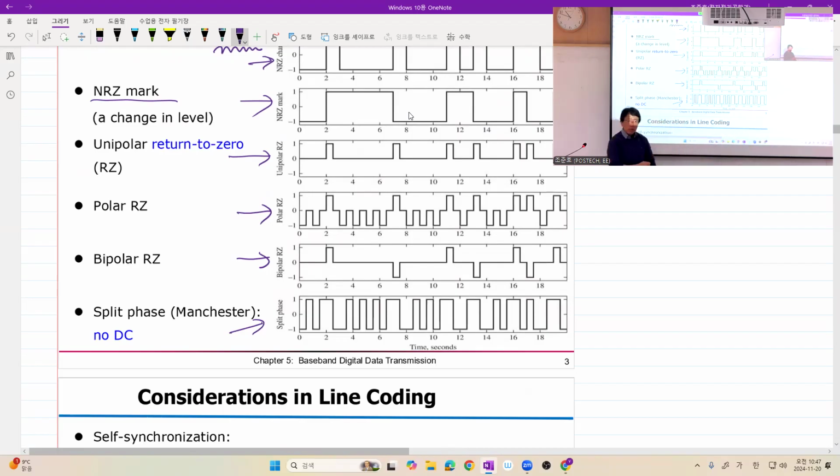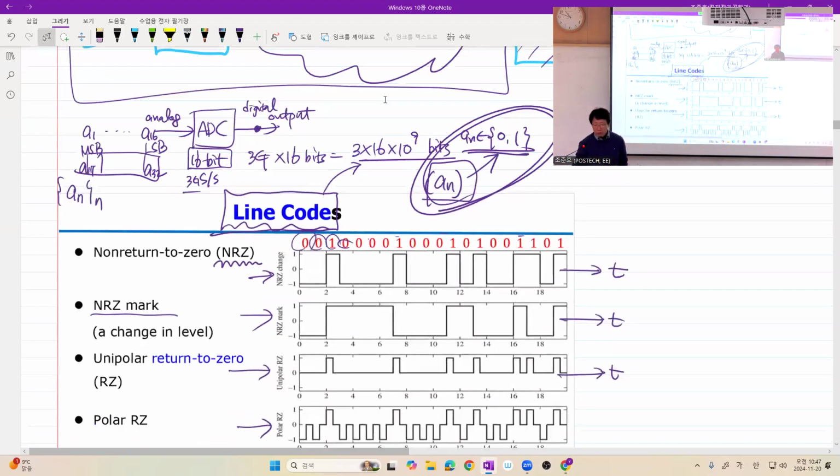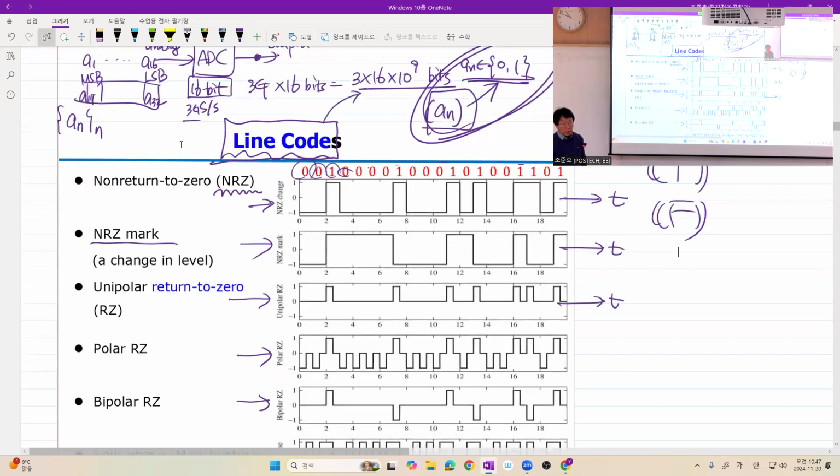And each one has different time domain characteristics and also frequency domain characteristics. In the time domain, you find the differences and commonalities. Especially, because there are many NRZ and RZ codes, see what happens in each interval for each bit. Non-return-to-zero means that, as the name says, the value does not necessarily return to 0.